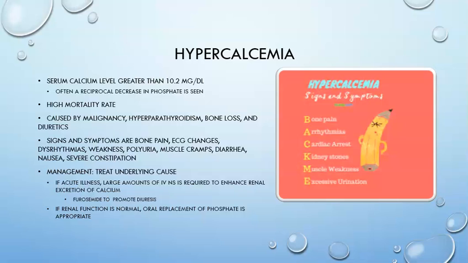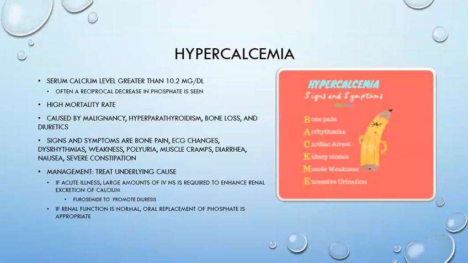Managing these patients, they need large amounts of IV fluids to, one, dilute the calcium level, and two, to enhance renal function and excretion of that calcium. So we're going to give them a bunch of fluid, and then we're probably also going to give them a diuretic like furosemide, or Lasix is the other name.